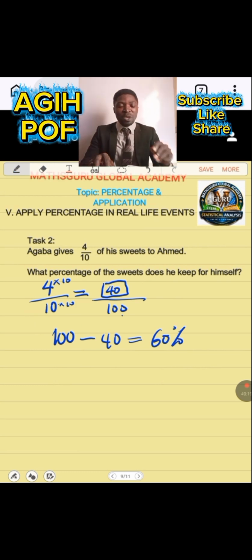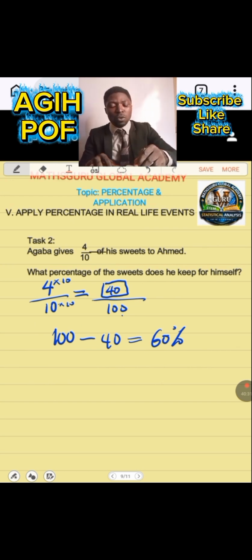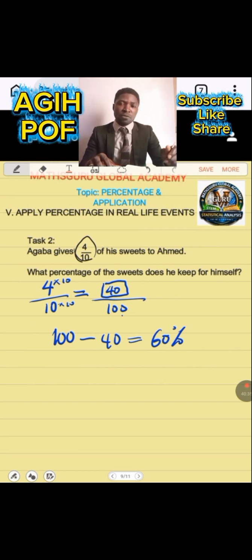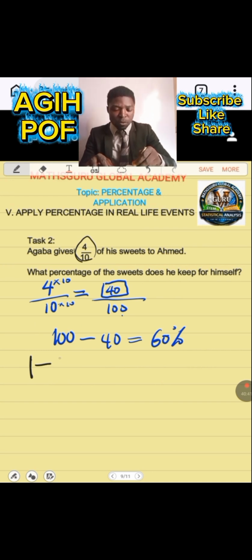Alternatively, we can use this method. Recall that the sweets can be expressed as a whole. In this case, we are going to subtract this fraction from a whole, which is 1. So we have 1 minus 4 over 10.